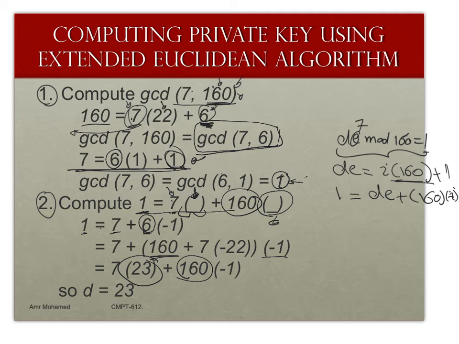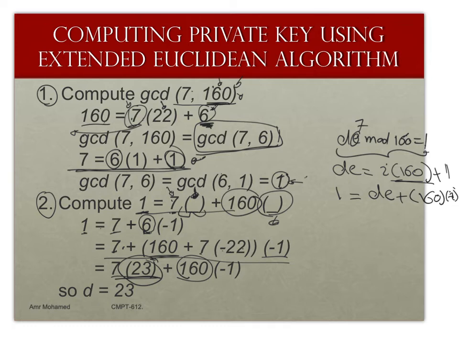Once we have 160, we need to express this as 160 multiplied by a number plus 7 multiplied by a number. Once we have this, we stop and say whatever is multiplied by the 7 is in fact the multiplicative inverse. And that's easy, because here we have minus 22 times 1 multiplied by 7, and we have 7 here, right? So it becomes 22 plus 1 multiplied by 7, which is 23.